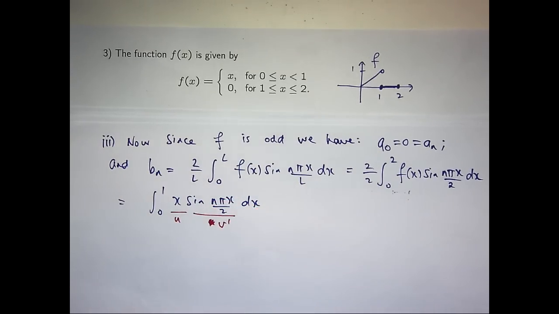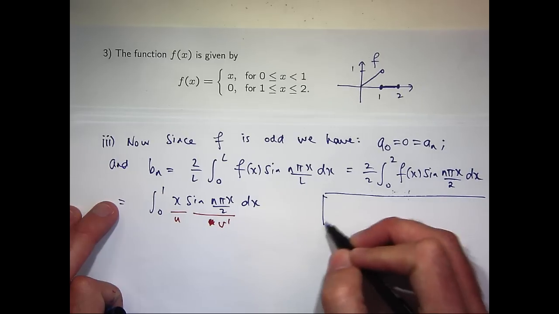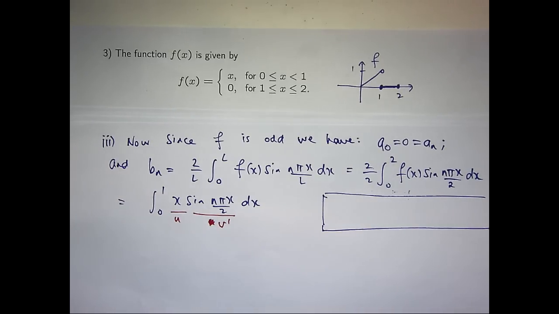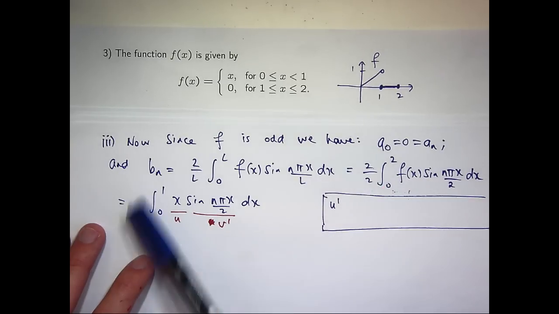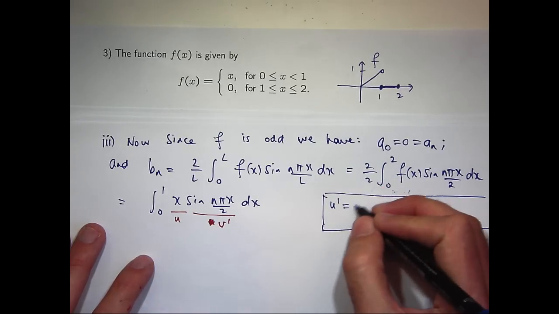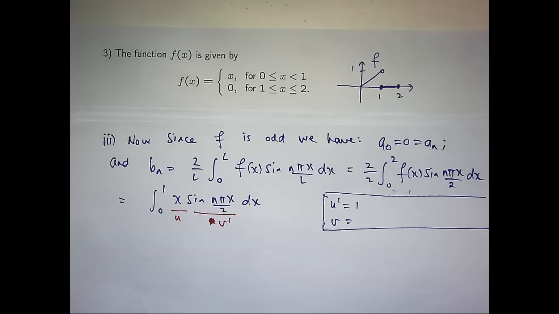I'm going to let x be u and sine be v prime, or v dash. From those two things, we can formulate the two other functions that we use in our integration by parts formula. So if u is x, u prime is just 1. And to find v, what we do is we integrate sine n pi x on 2 with respect to x.